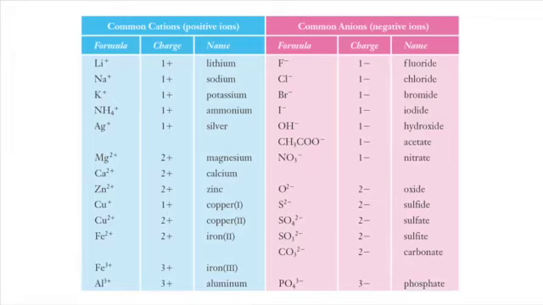Silver, Ag plus. Then we have some of them with double charge: magnesium 2 plus, calcium 2 plus, zinc, which is 2 plus. Copper has one charge here, and copper could have two variations. One is singly charged, the second is doubly charged. So Cu plus and Cu 2 plus. Okay, we write it like that. And then you have iron, ferrous, Fe 2 plus.